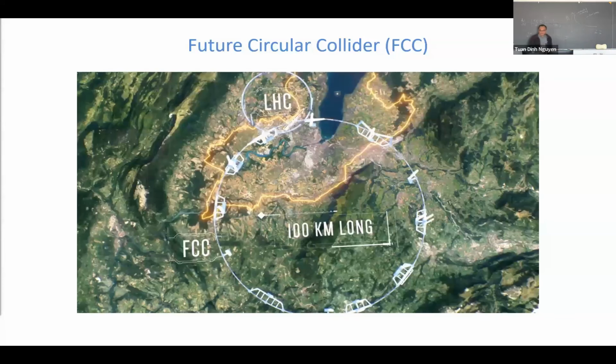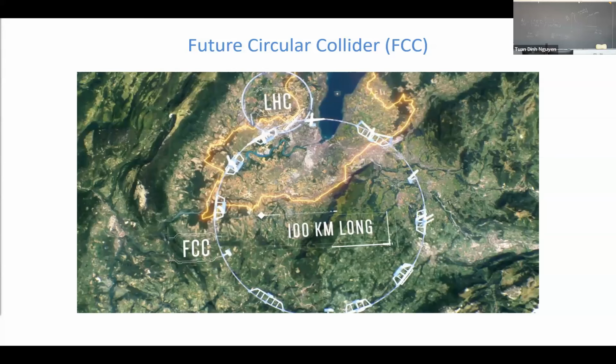This is an idea of what the next generation would be. If you look up here, this is the LHC. Now we're talking about something much bigger, 3-4 times bigger in diameter, 100 kilometers in circumference, I think.